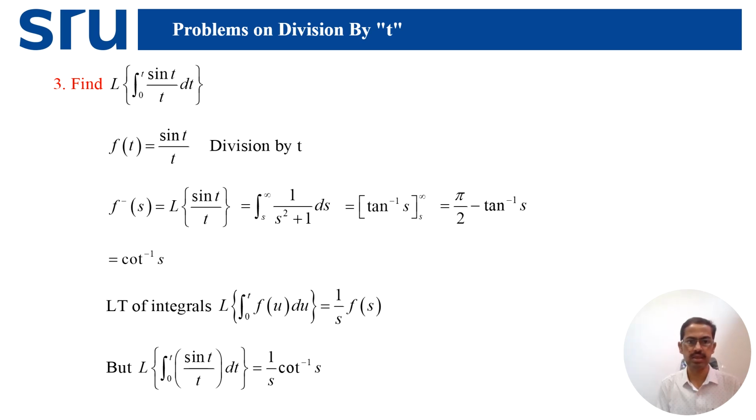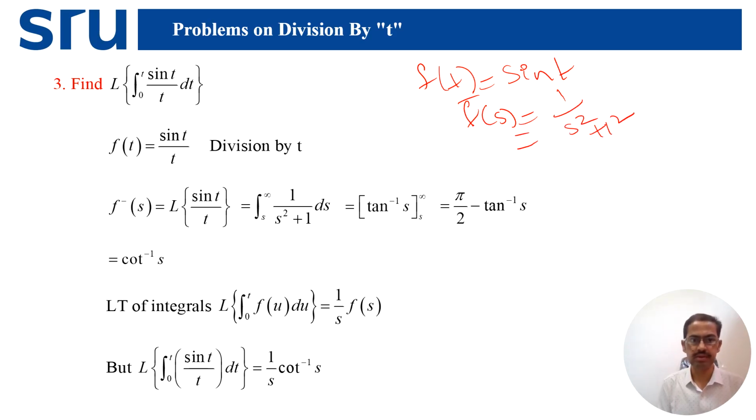Here, for division by t, first f of t is sin t. Then f bar of s is 1 by s square plus 1 square. What is the division by t formula?